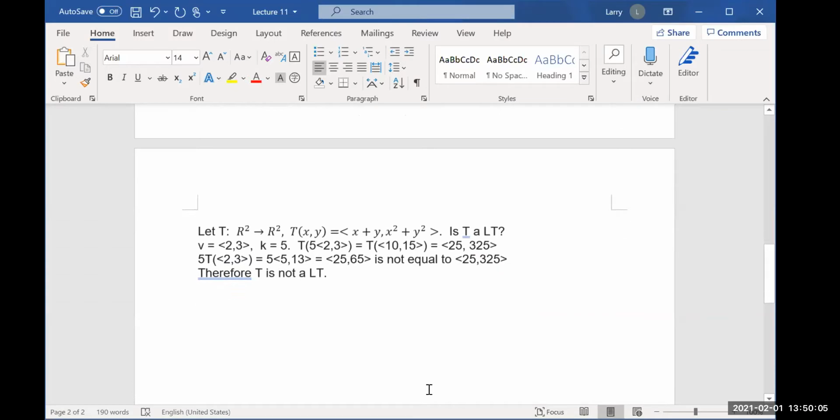Okay. How about, let's do a different one. How about T from R3 to R2, just for fun, with T of XYZ, because I need an R3 now, equal Z, comma, X minus Y, comma, X. Is that a linear transformation?